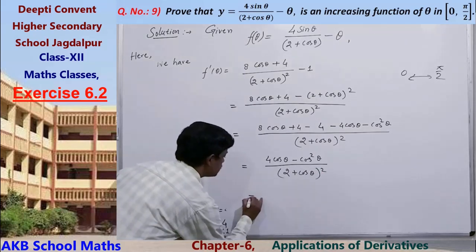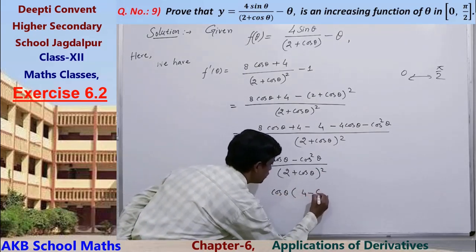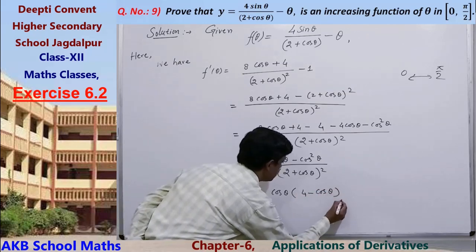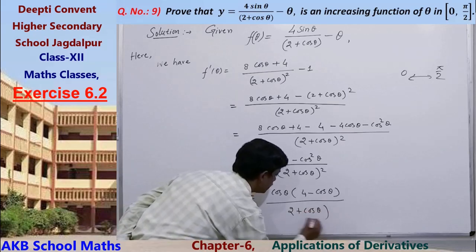Also, we can take common: cos theta (4 minus cos theta) upon (2 plus cos theta) square.